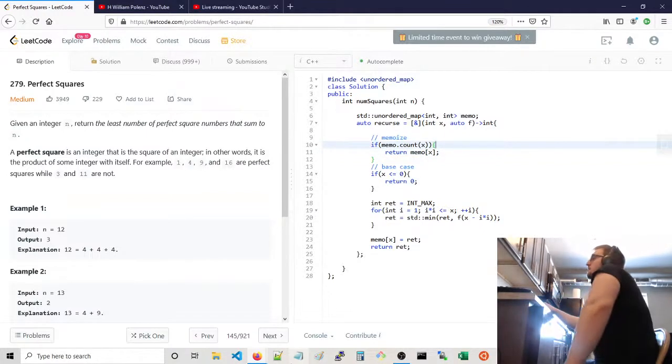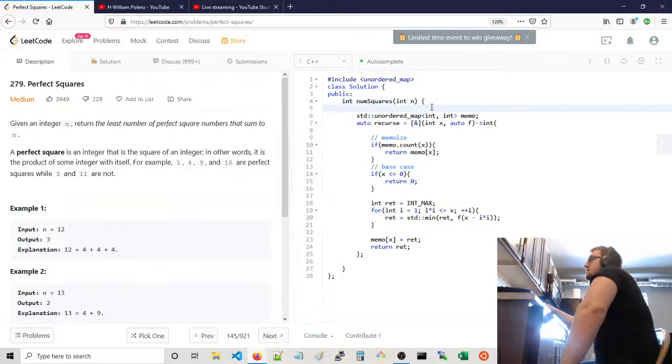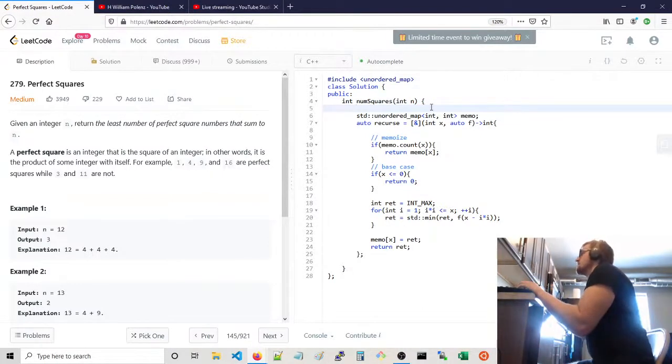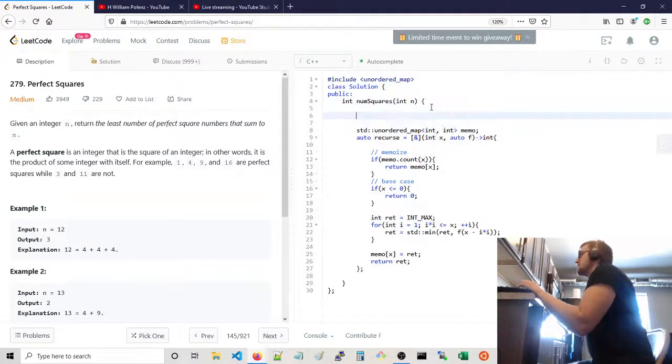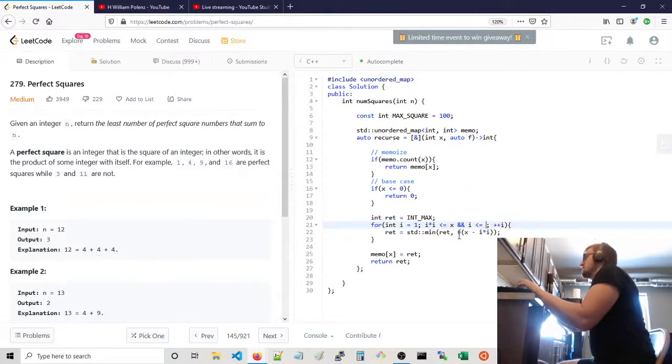Okay, so now what this is going to look like is the maximum square is 100. Just one minor detail to throw in there.